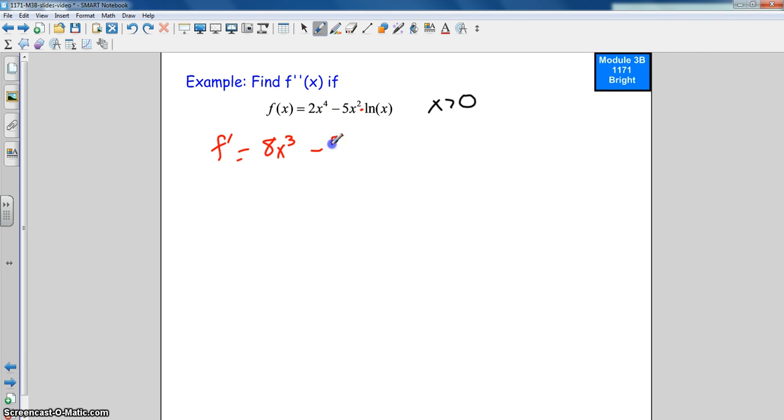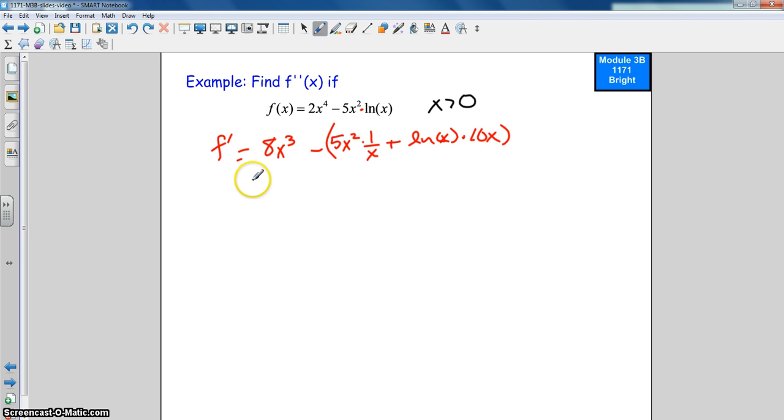So I do the first, in parentheses, times the derivative of the second, and that's just natural log, or 1 over x times 1, but again, I don't need to write that. And then plus 2 natural log of x times the derivative of this, and that's going to be 10x.